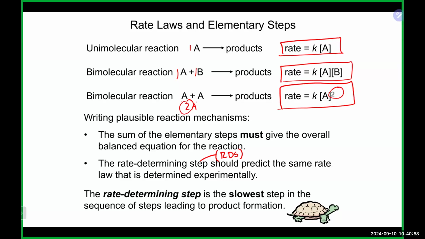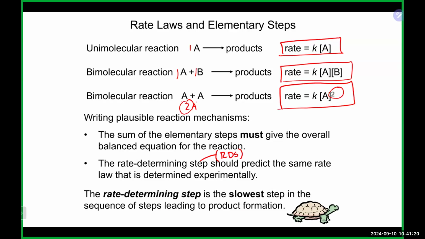So when you look at a mechanism and there is a step that has a rate law that matches the one found experimentally, then you know that is the rate determining step.